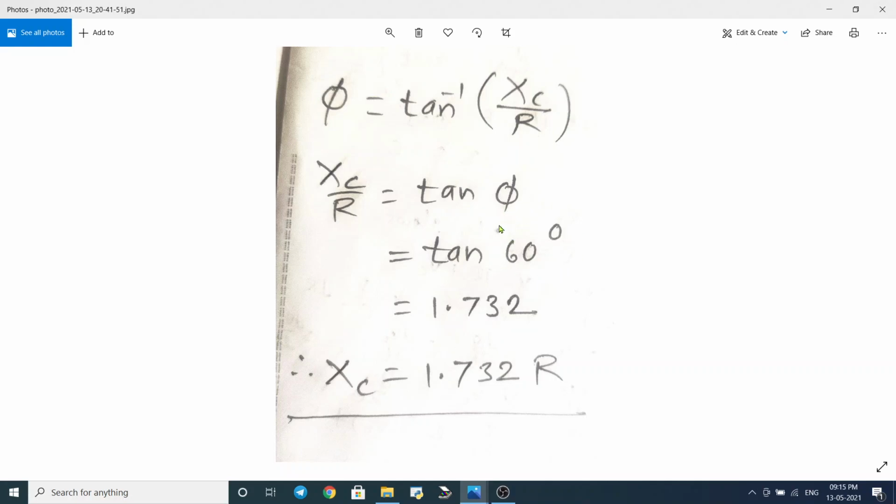We require a 60 degree phase shift. So tan of 60 degrees comes out to be 1.732. That means XC, the capacitive reactance, equals 1.732 R. By selecting such a value of capacitor and resistor, we can have a 60 degree phase shift.